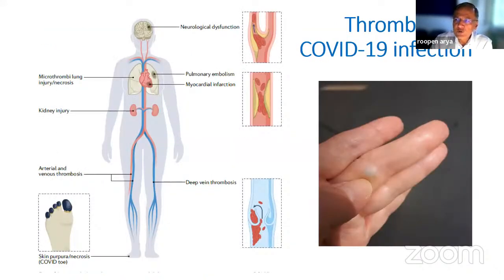So I think what we do know is that certainly in the first wave, and the second wave perhaps as well, of COVID, we saw an extraordinary burden of thrombosis affecting both large vessels and small vessels, as affecting both veins and arteries.